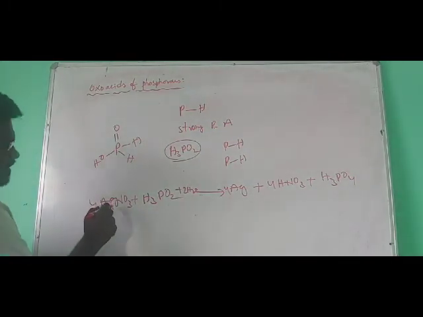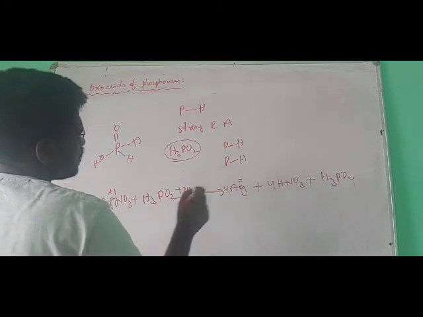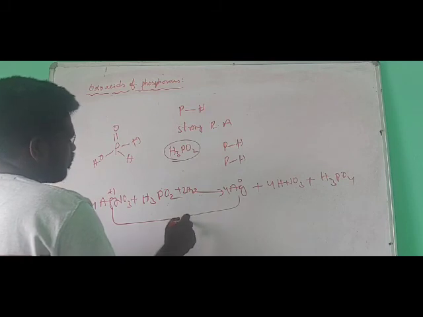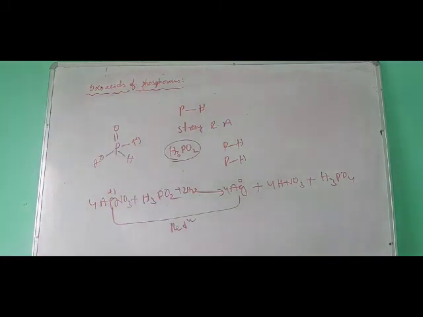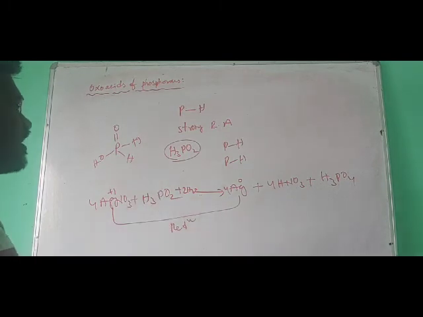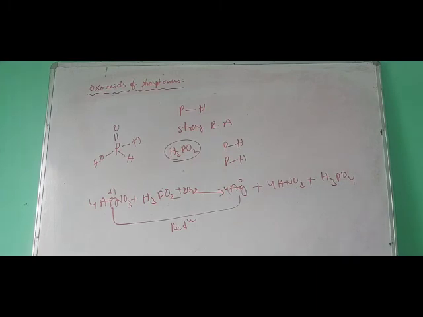Here Ag has oxidation number +1 and here Ag has oxidation number 0. So this is a reduction process. Now which is responsible for this reduction here? H3PO2. So this is known as a reducing agent. So the oxo acid of phosphorus which has PH bonds acts as a strong reducing agent.